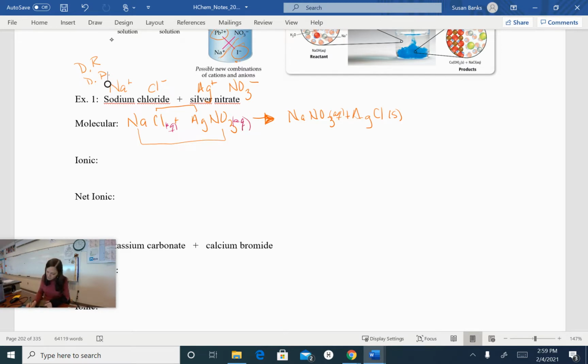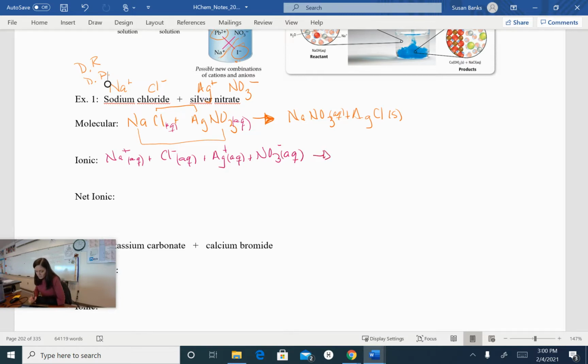All nitrates are soluble for the silver nitrate, and all sodium ionic compounds are soluble because they're group 1. Okay, so that means sodium is going to be dissolved in water as an ion, and chloride is going to be separated as an ion, and silver +1 is going to be separated as an ion, and the nitrate is going to be separated as an ion.